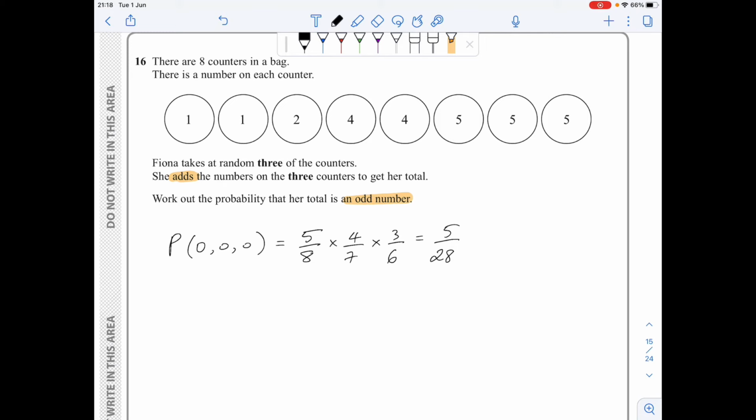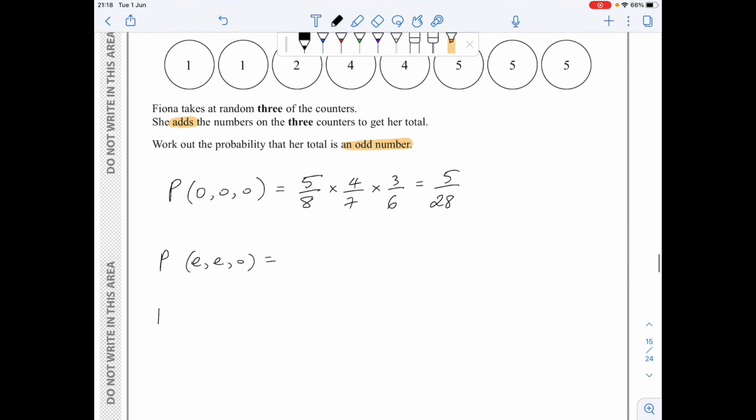Now, in order to get 1 odd number and 2 even numbers, I have to take into account the order of selection. So here I've got probability even, even, odd; even, odd, even; and odd, even, even.